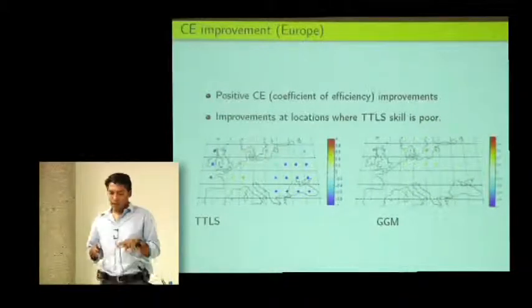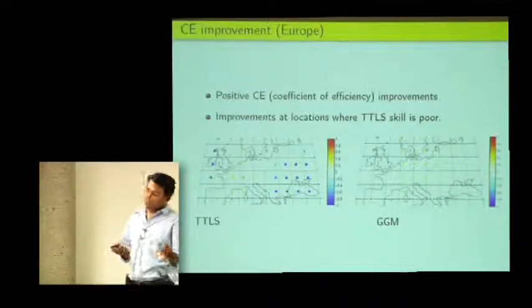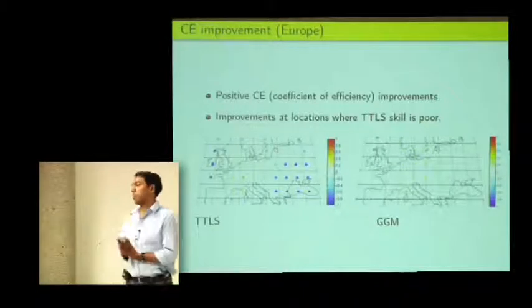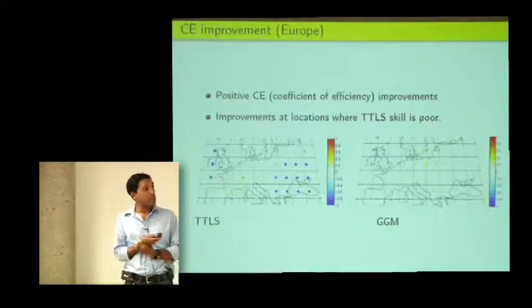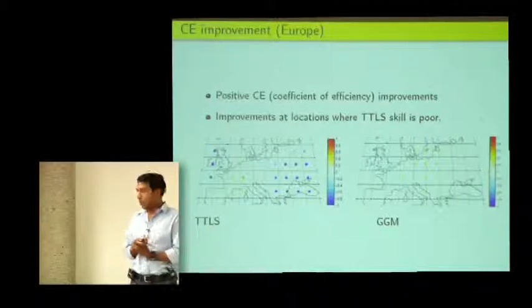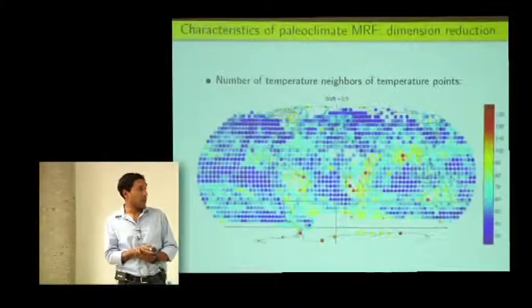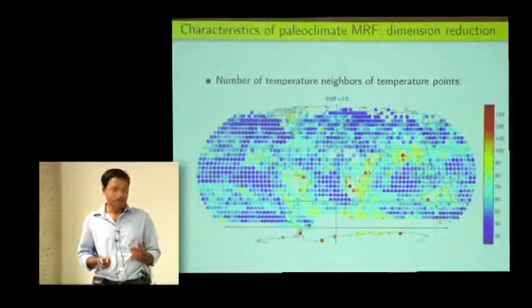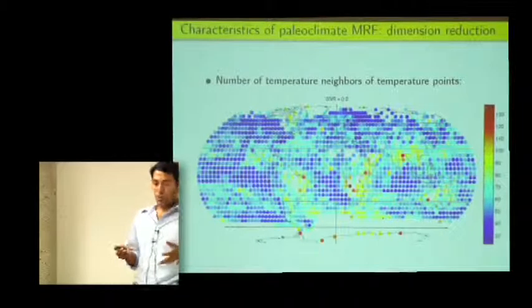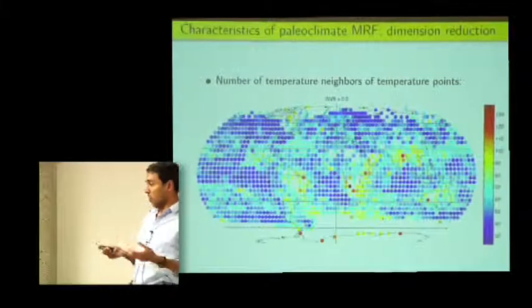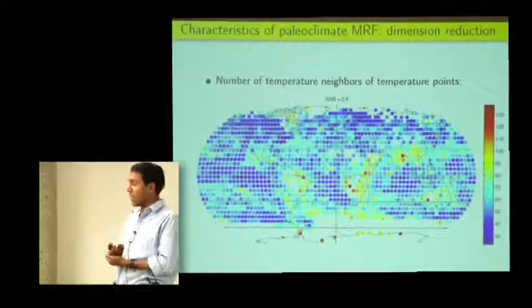So in other words, by projecting the problem into a lower dimensional problem, we're able to exploit the natural structure and model the relationship between proxies and temperature much, much better. And the question that you may ask is, well, you have an inverse covariance matrix. In reality, how many points are they related to?